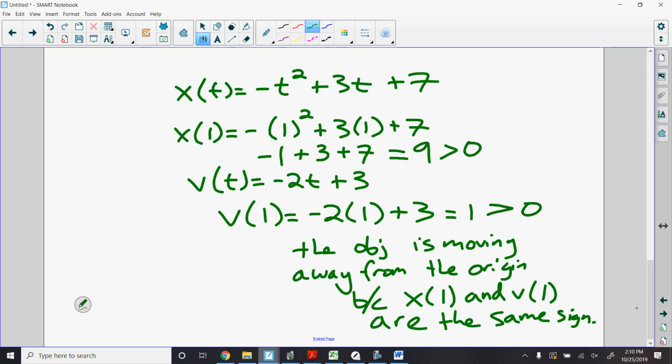Just like when we're doing speeding up and slowing down, you can't just say the object is moving away from the origin because they're the same sign. We have to specifically talk about x and v, position and velocity. Okay? I should add in here, I'm moving away from the origin at t equals 1. Because at other times, it might not be moving away from the origin.